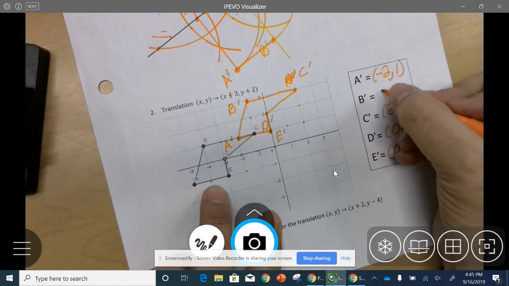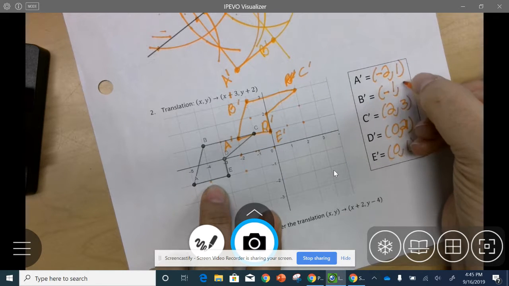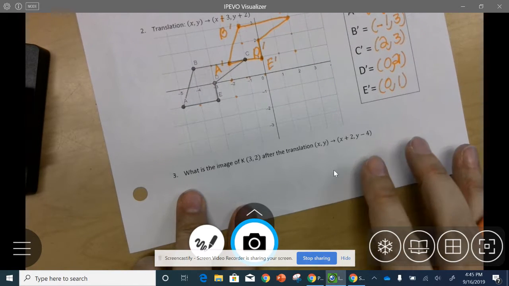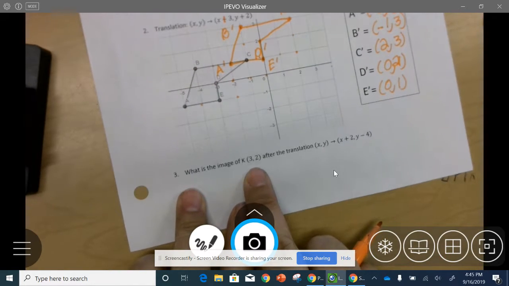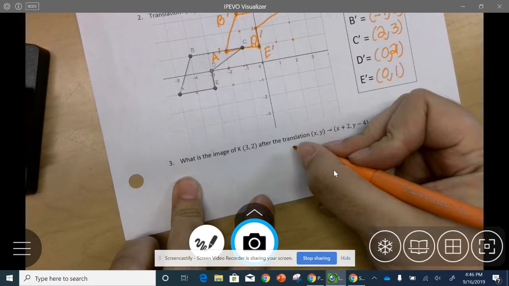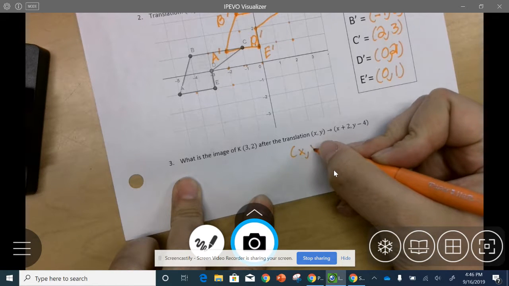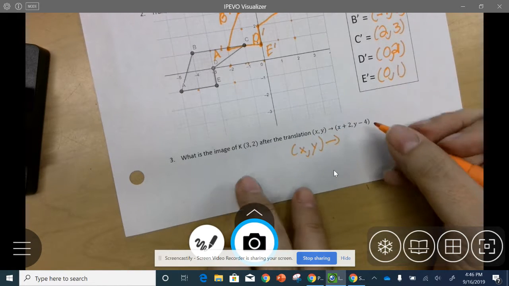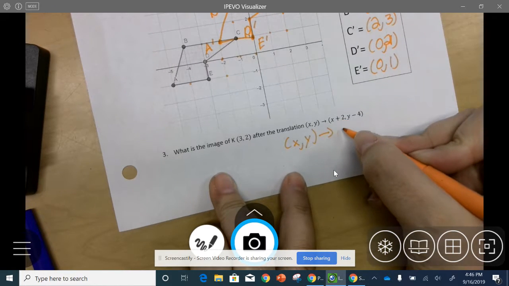And B is going to be at -1, 3. So those are our points. And then this one's asking what's the image. So we go ahead and put in our new points. So we're going to put those new points in. Okay, so this is our translation.